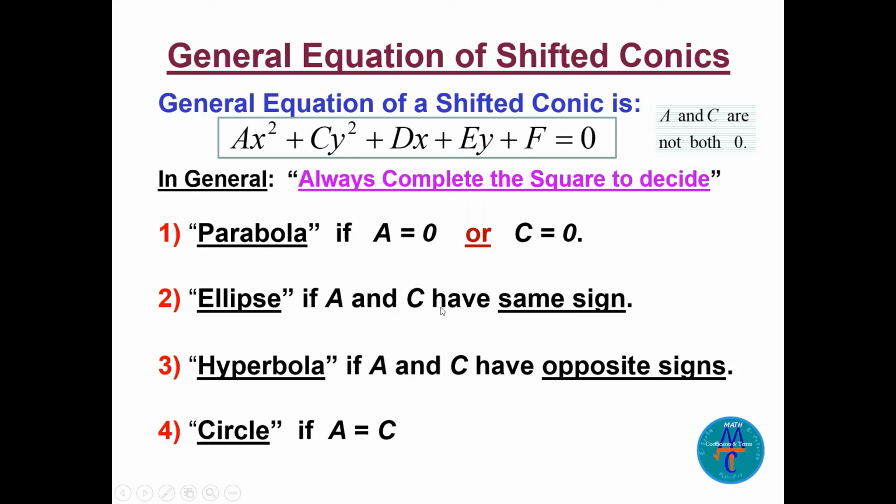Ellipse, if A and C have the same sign, both positive or both negative. Hyperbola, if A and C have opposite signs, one positive, one negative. If we have a circle, A is equal to C, and then we can complete the square. So these are 4 possibilities here.